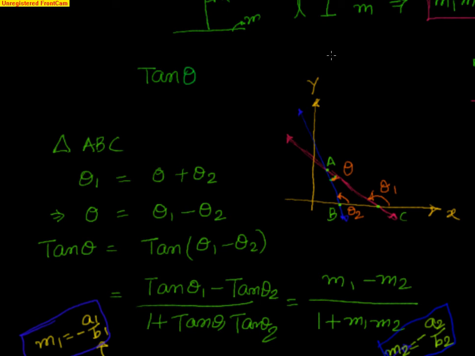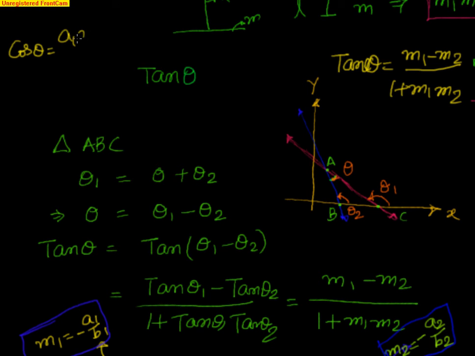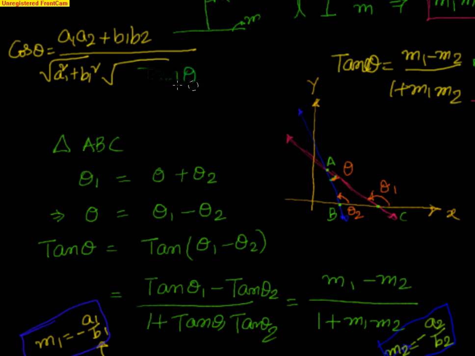So what we have found here: tan theta is equal to (m1 minus m2) by (1 plus m1 m2). Also cos theta is equal to (a1 a2 plus b1 b2) by square root of (a1 square plus b1 square) into square root of (a2 square plus b2 square).